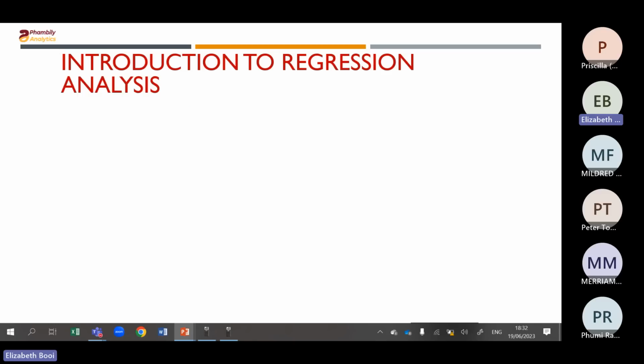So now let's move on to the regression. Now, we've learned that we do have a relationship that we can visualize on a scatter plot.